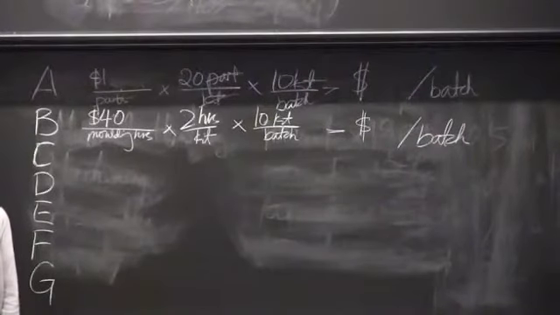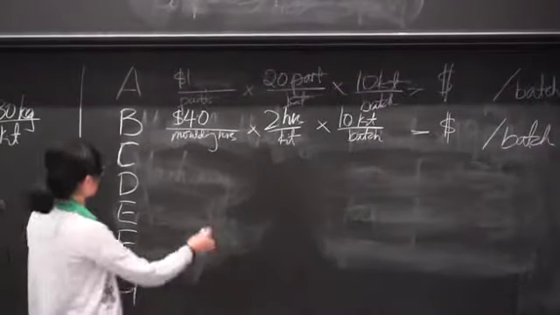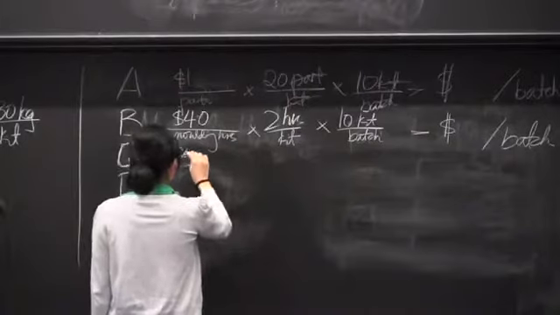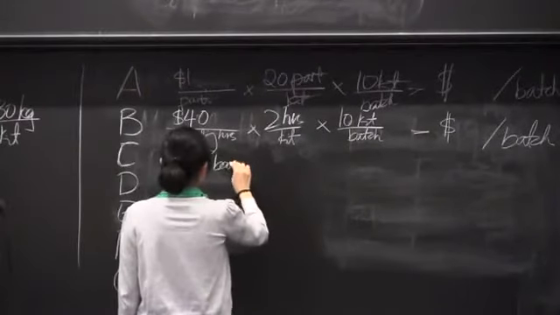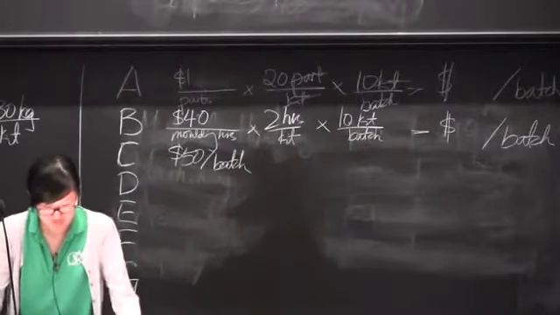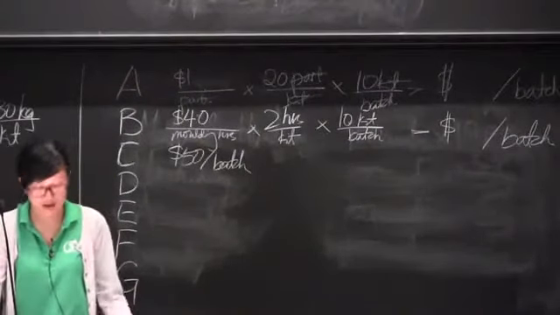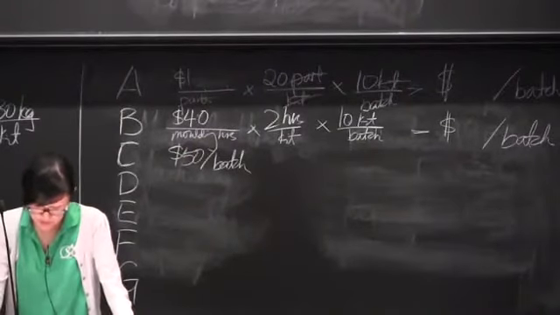But next one. Setup. So it's number of batches. It says it's $50 per batch. Do we even have to calculate that? So that's just $50 per batch, right? Next one, weight.